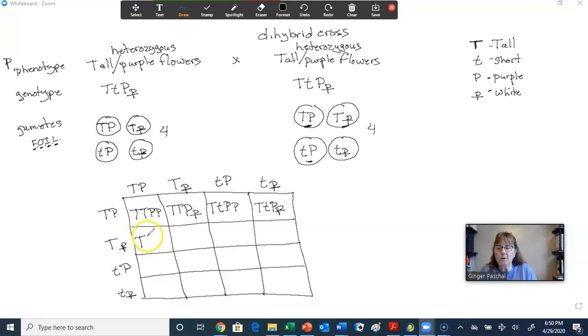Do we have 2 uppercase t's? We have an uppercase p and a lowercase. Continue filling these in until you have all of your boxes filled in.